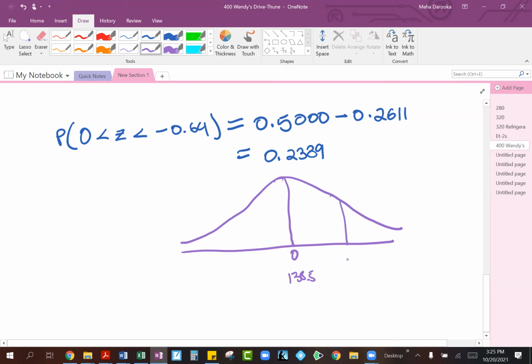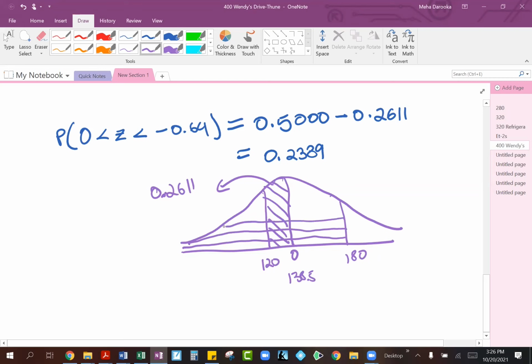Then we had 180 somewhere over here, and 120 somewhere over here. So this area came out to be our 0.2611, right? And then I'll use horizontal lines all the way from 180 to below it, because that's how the table works. So all of this area, highlighted with the horizontal lines, is the 0.9236 that we just found.